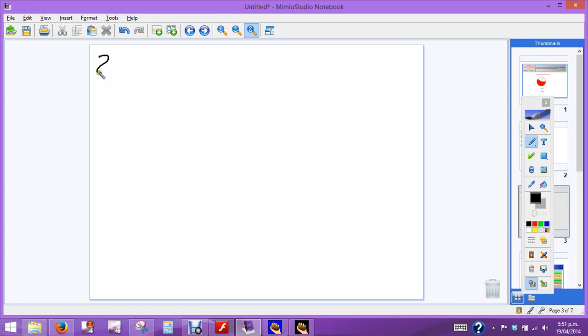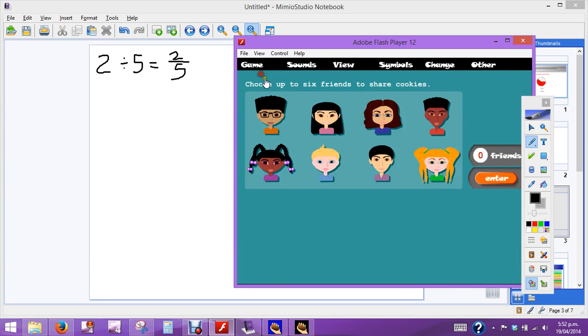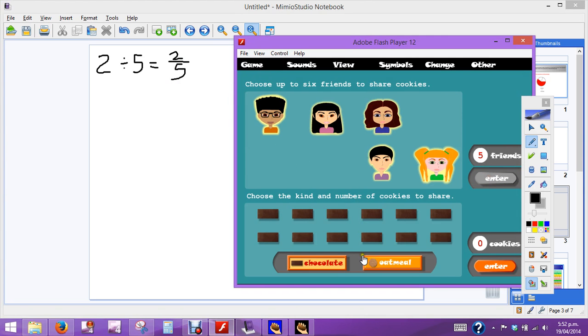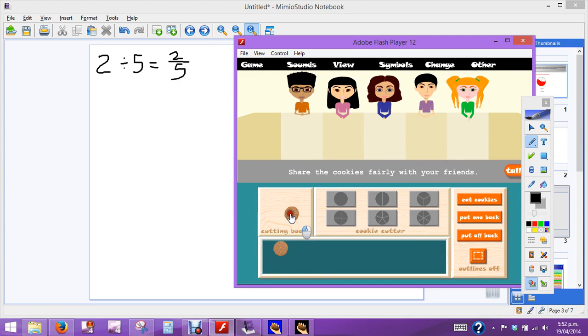Let's look at another one. 2 cookies shared amongst 5 friends, 2 divided by 5. I'm thinking 2/5 each. What does 2/5 look like? I think I'm going to need some friends. 5 friends, 2 oatmeal cookies, 2 cookies shared with 5 friends.